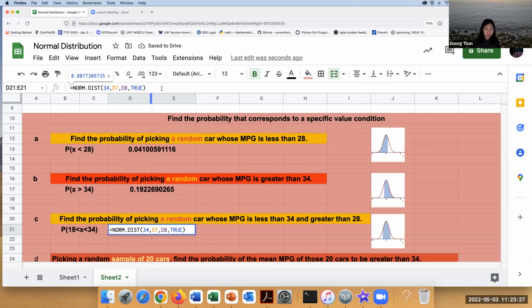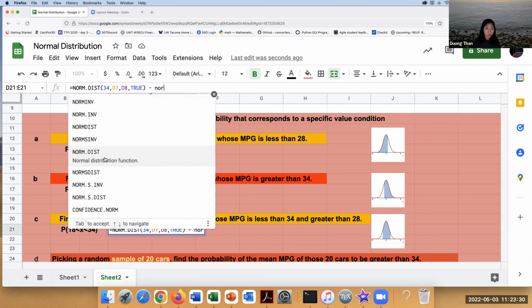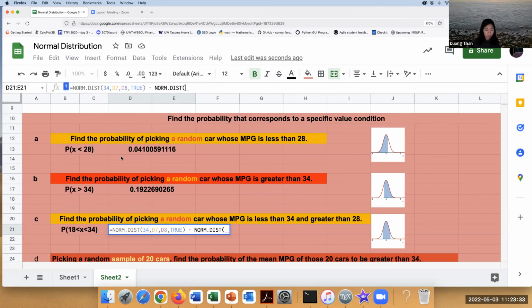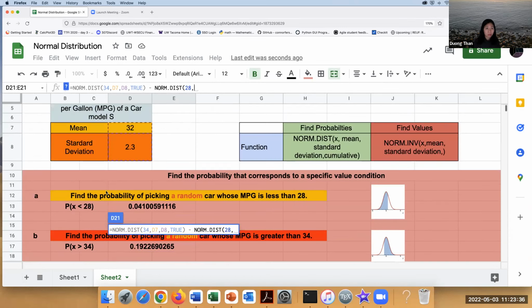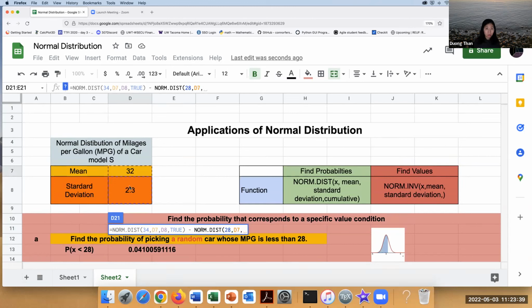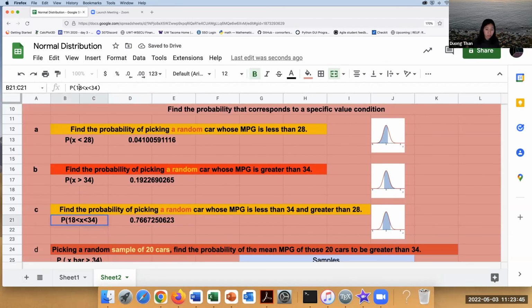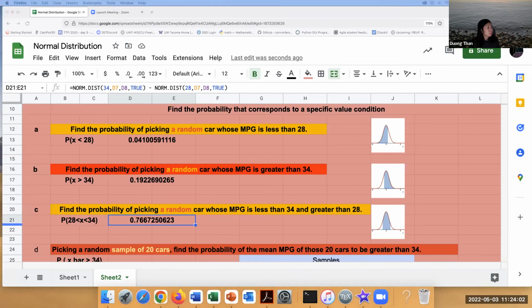This is the bigger value, subtract NORM.DIST of the smaller value, which is 28, not 18. 28, 32, standard deviation, and cumulative is true. All right, so the answer is about 76.67% of the time in which you pick a random car that has an MPG that is between 28 and 34 miles per gallon.